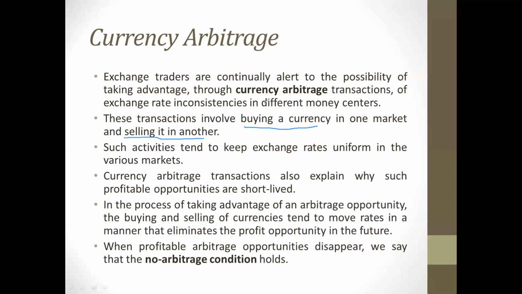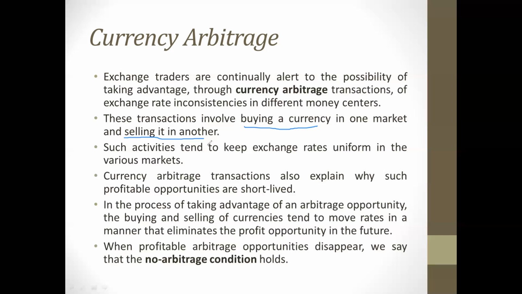How is it happening? When people are buying currencies in the low exchange rate market, normally the exchange rate is going to be high at the end, like what I discussed in the goods market. When people are continuously selling their currencies in the market where exchange rates are high, ultimately that exchange rate is going to be low.